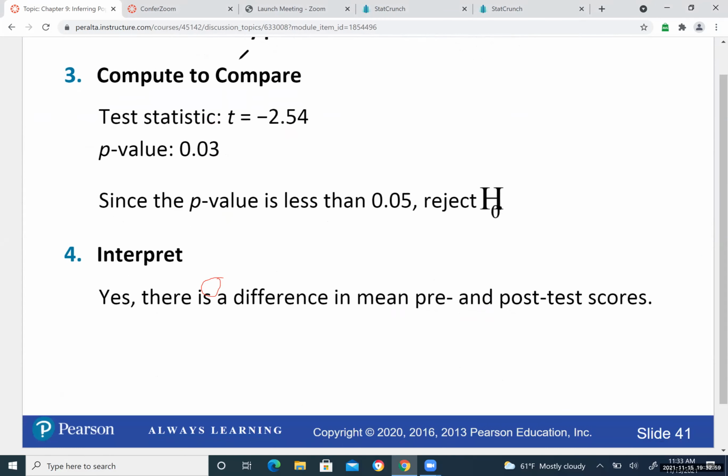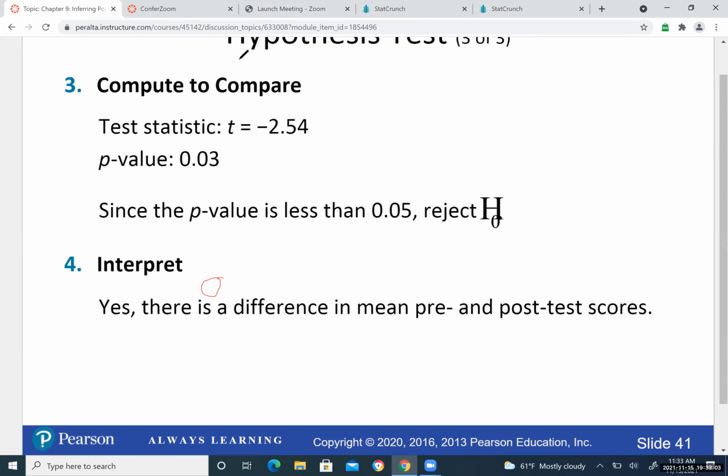So this step computes everything except the interpretation. You say, yes, there is a difference in mean pre and post test score, because that is the alternate statement, right? You answer yes for HA.